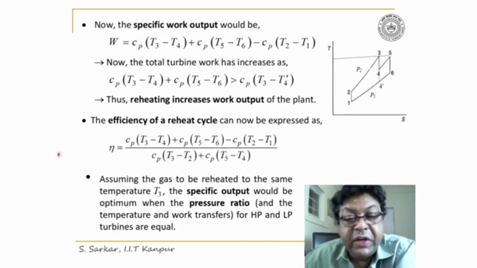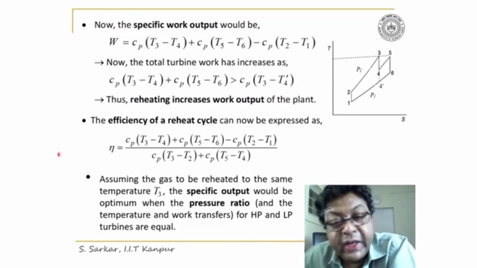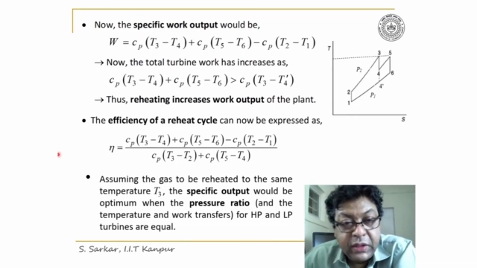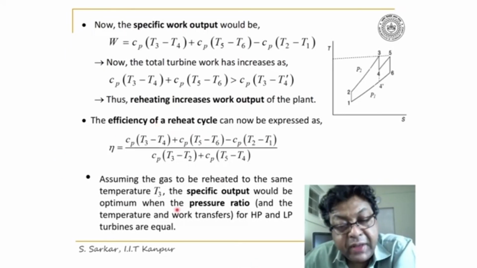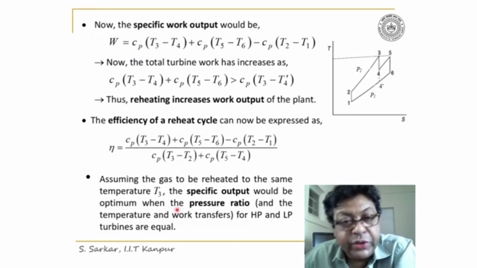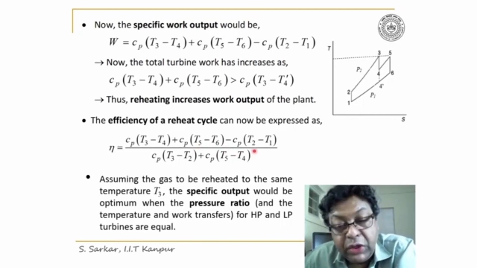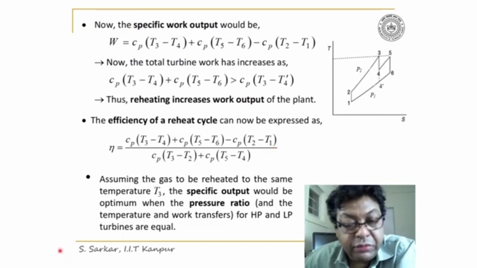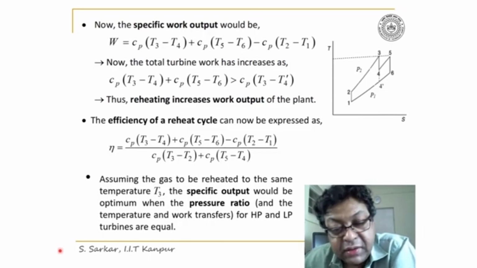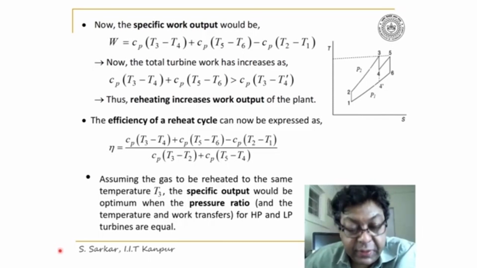Furthermore, the efficiency of the reheat cycle can be expressed as work output divided by heat added. So that work output is equal to W, that is Cp into T3 minus T4 plus Cp into T5 minus T6 minus Cp into T2 minus T1. Now heat added would be equal to that in the combustion chamber plus the reheat combustor.